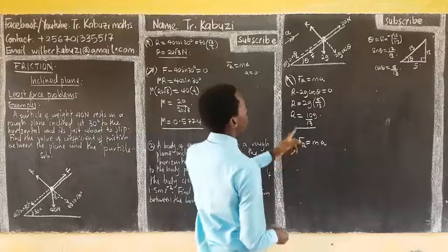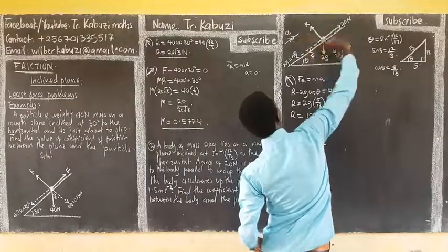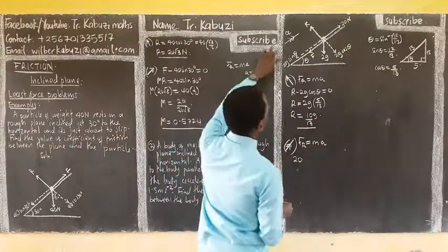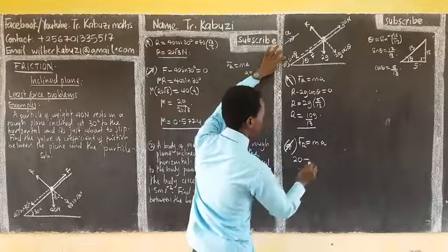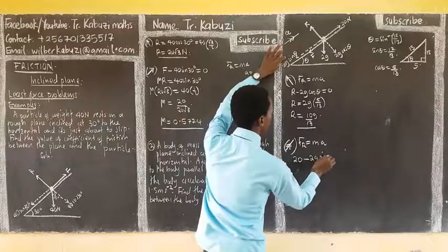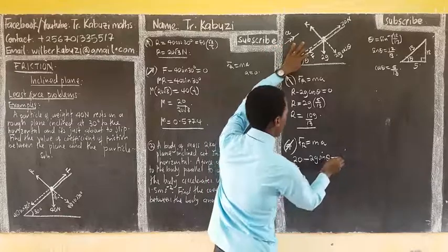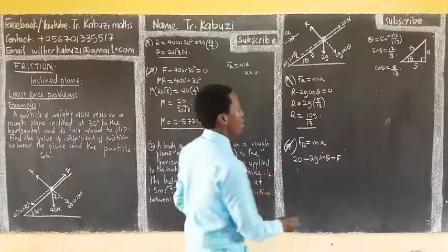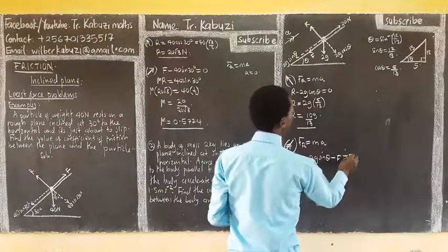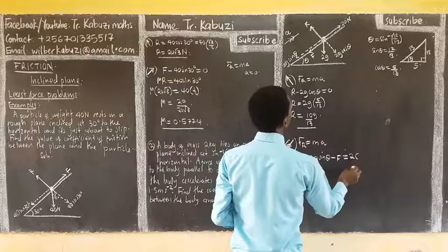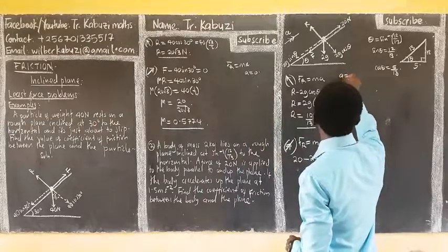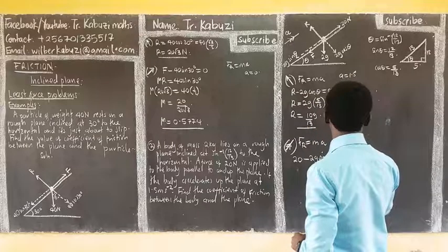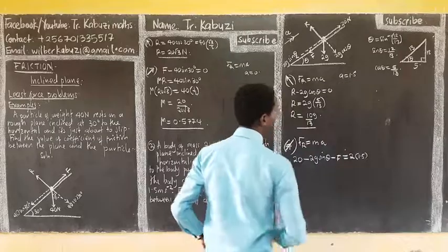What is pulling this to go up is the 20, and in the opposite direction we have minus 2g sine theta, then also minus F, the frictional force. Because this body is moving up, friction is going to act downwards. This equals the mass, which is 2, times acceleration. Our acceleration was given as 1.5. So that's going to be 3.